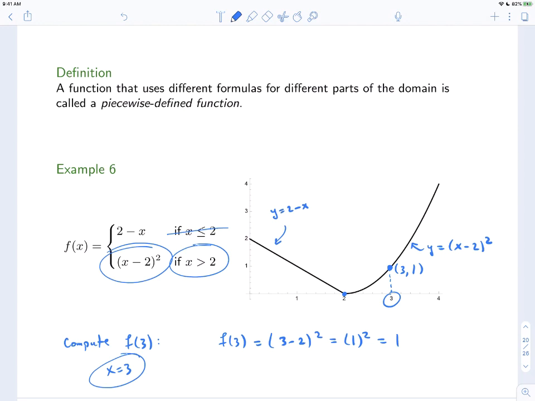Now, on the other hand, if you wanted to look at, for example, x equals 0, so f at 0, what rule would you use then? Well, if x is equal to 0, then x is less than or equal to 2, so you'd use this rule. So now it would be 2 minus 0, which is equal to 2. And that's this point right here.